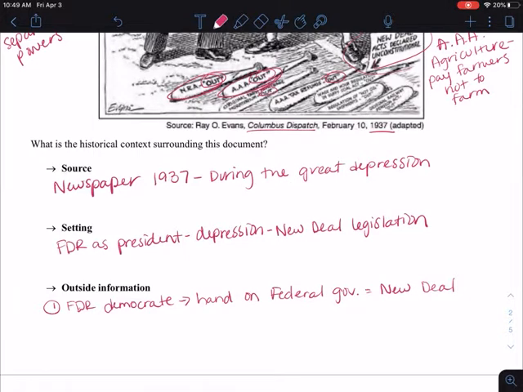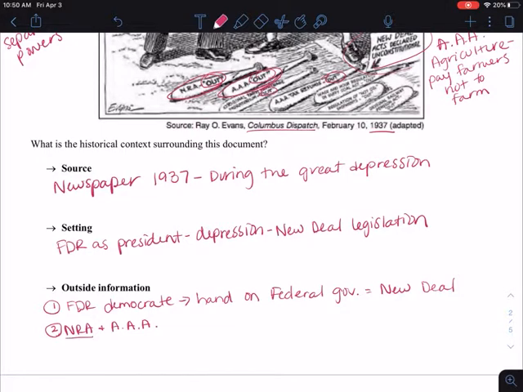We know that two of the programs that we saw in there, we had the NRA and the AAA.